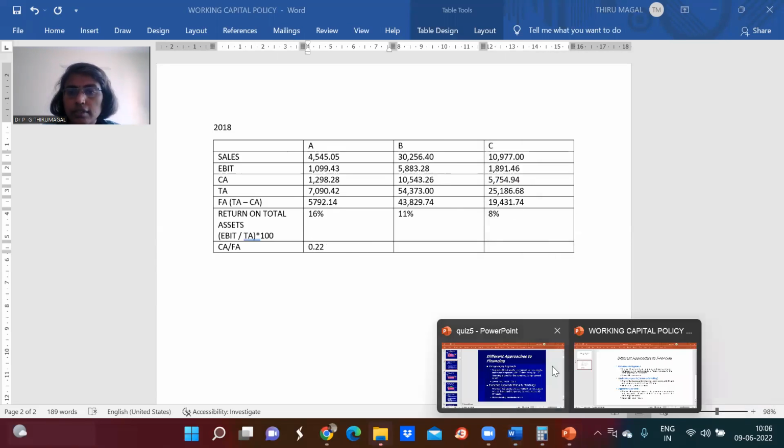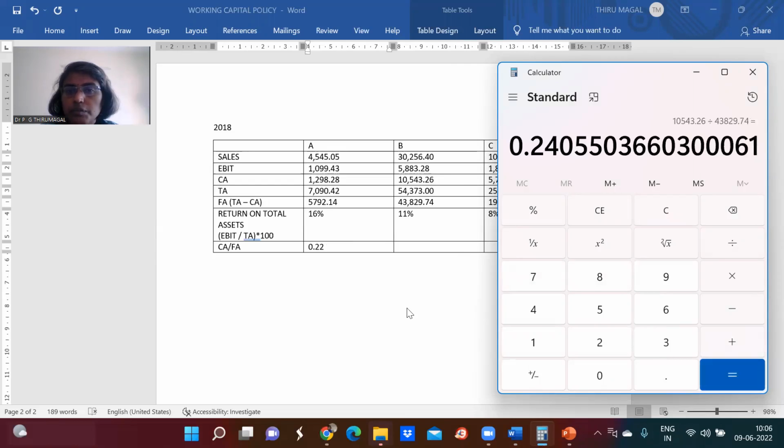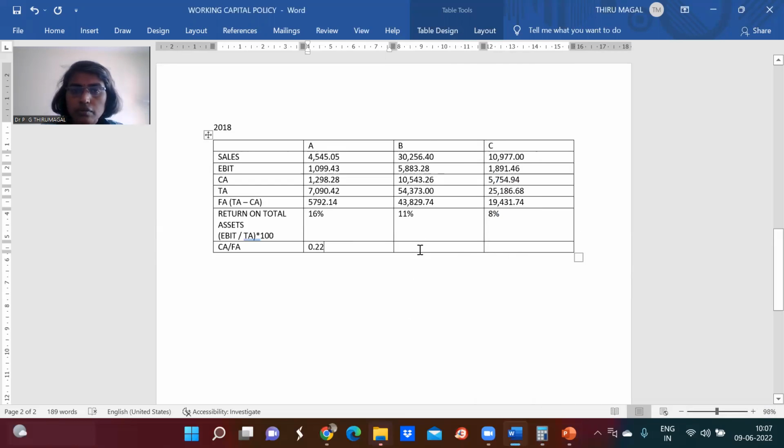So let's go for the second company, company B. Current asset is 10,543.26, divided by the fixed assets 43,829.74, which means 0.24.